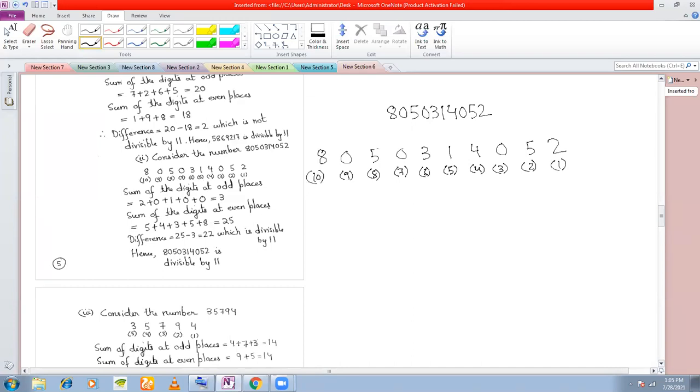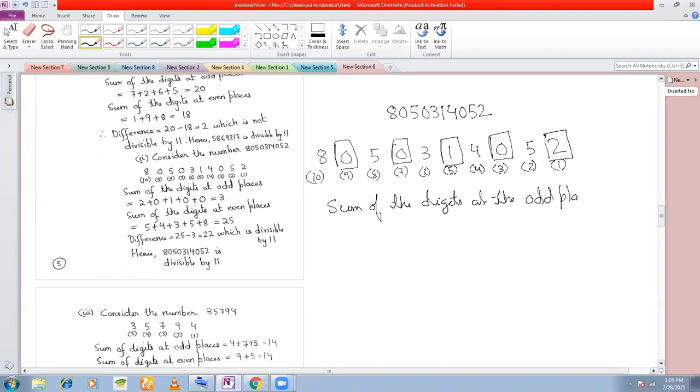These are the positions. Okay, now what are the odd positions? Odd position, odd position, odd position, odd position, and this is also an odd position. Okay, the sum of the digits at the odd places is equal to 0 plus 0 plus 1 plus 0 plus 2. You get this as 3, right?